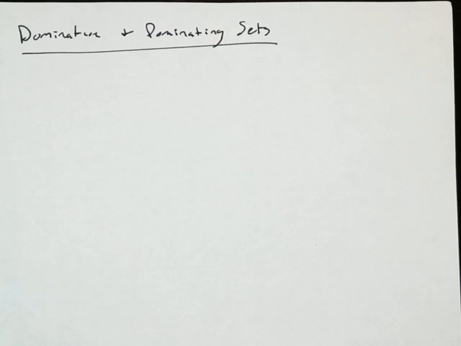Like containing a matching, containing particular factors, containing peripheral sets, boundary sets, all of these vertices, we can look at these subgraphs and properties about them. One of them is the idea of domination and dominating sets.